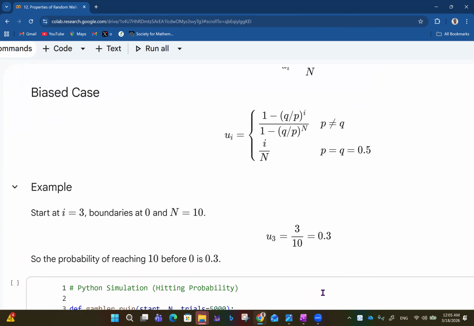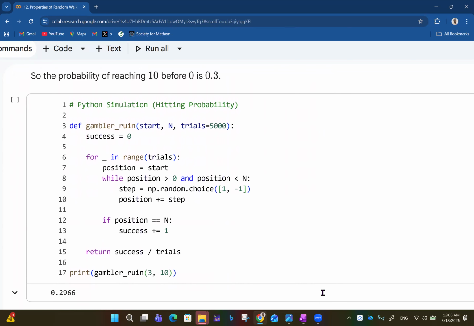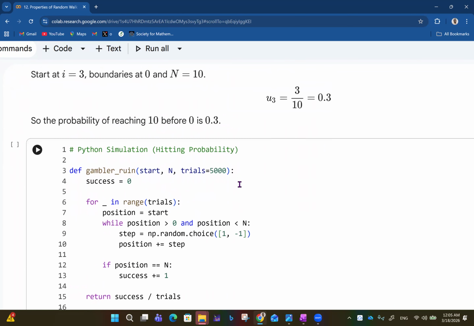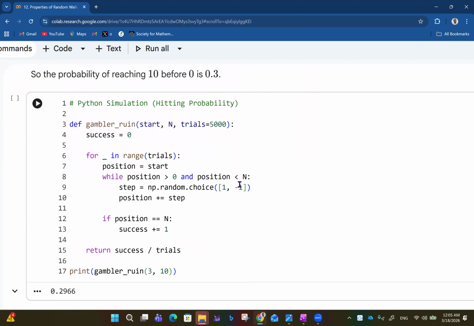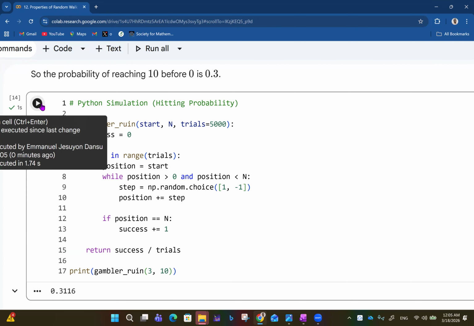So the probability of reaching 10 before 0 is 0.3. And of course, if you simulate it here, you get 0.2966, which is approximately 0.3 to one decimal place. If you keep simulating, you have values hovering around 0.3.